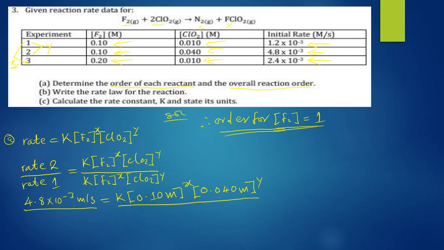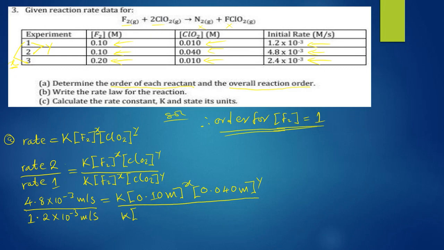So here on experiment 1, what's your rate? Experiment 1, our rate is here, which is 1.2 times 10 to the power negative 3 meters per second. Then you can write K, the rate constant K, like that. Then what's the concentration for fluorine on experiment 1?